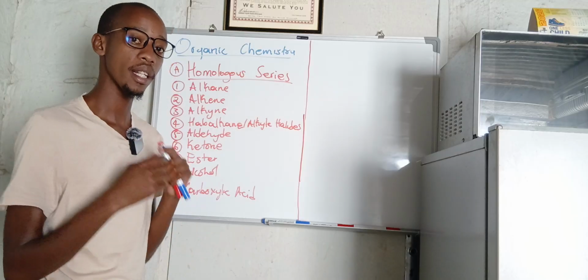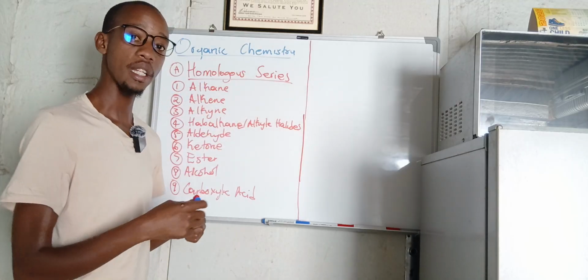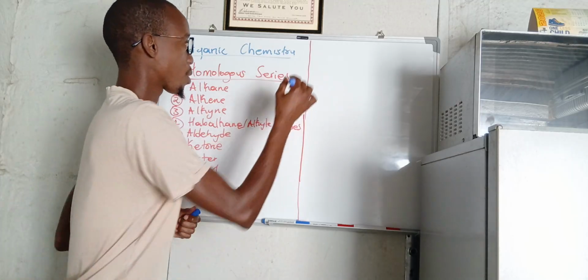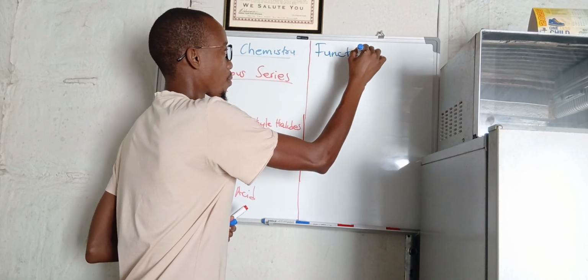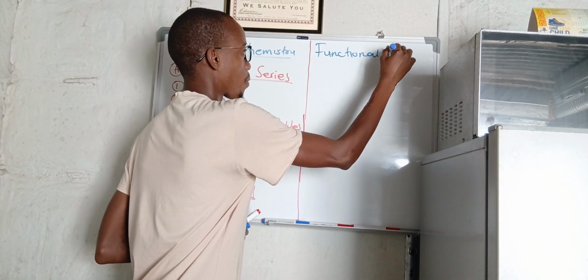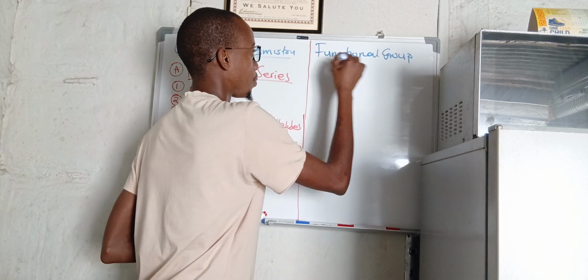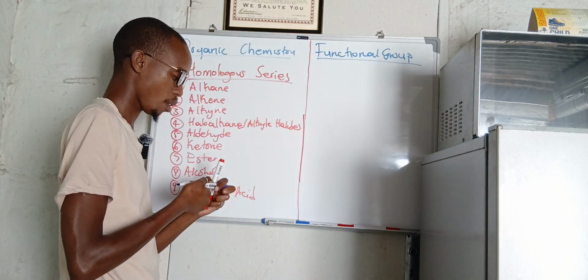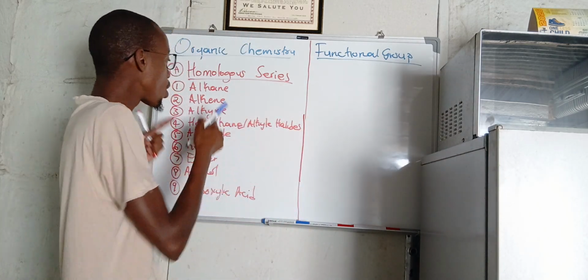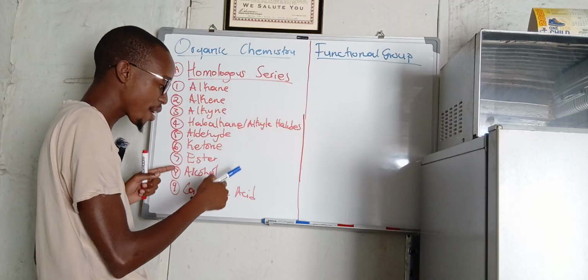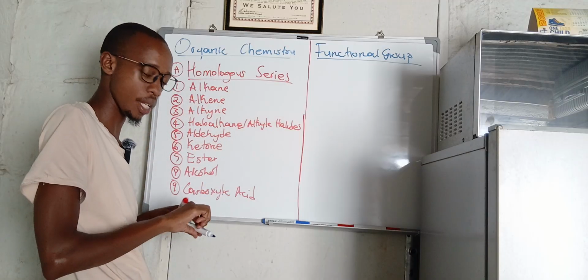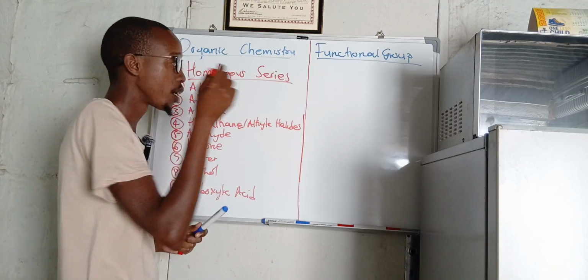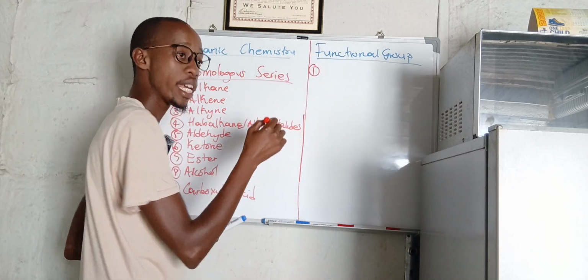So let me take your mind to the different types of functional groups. We have the first one. I'm going to describe each and every functional group of each and every type of homologous series that we have here. Number one, alkane.